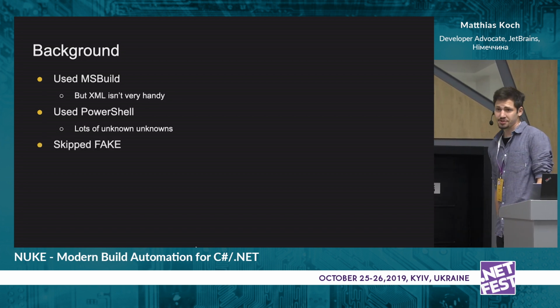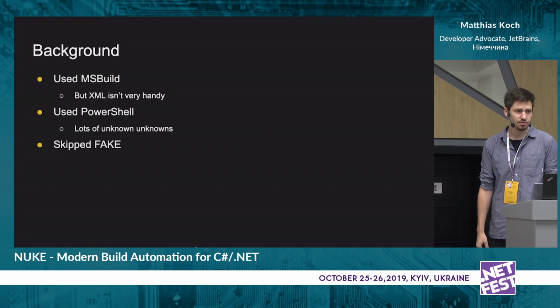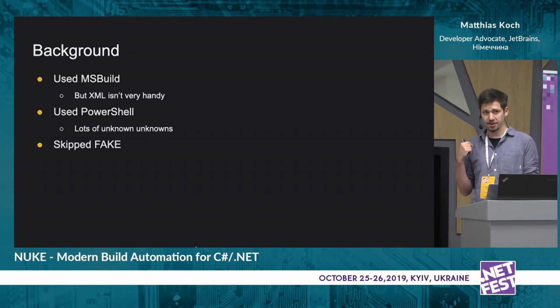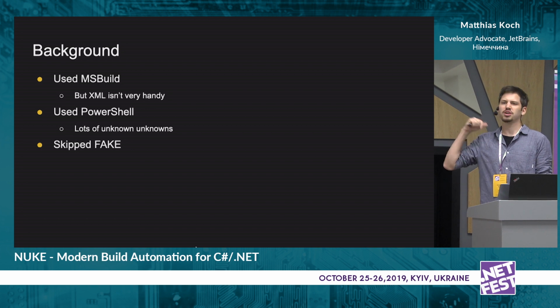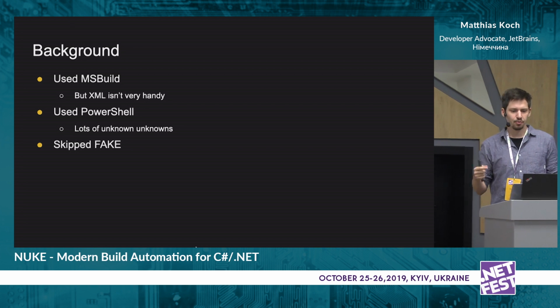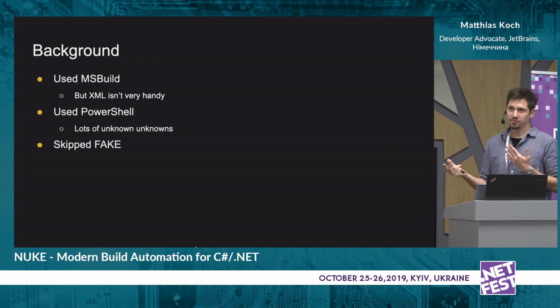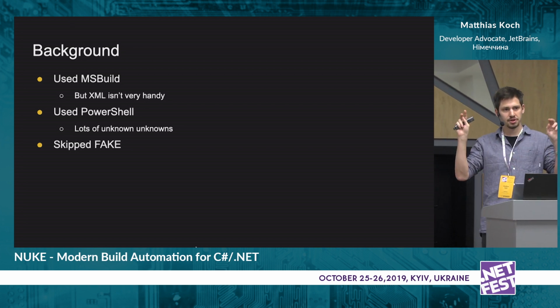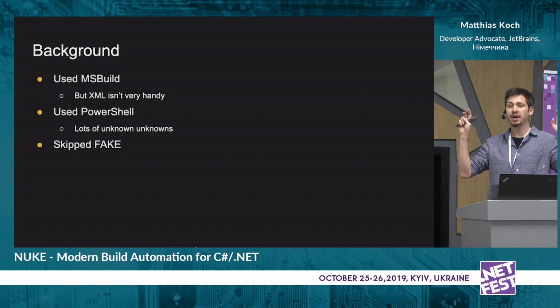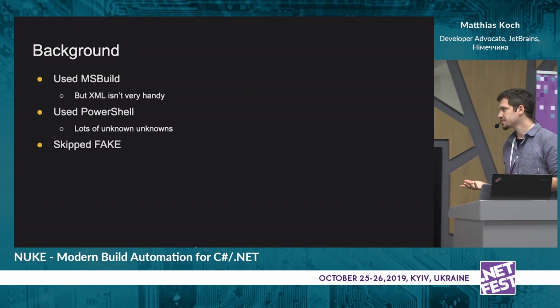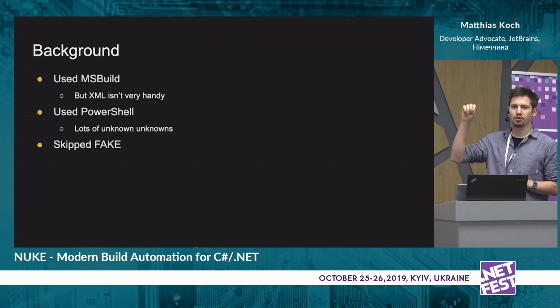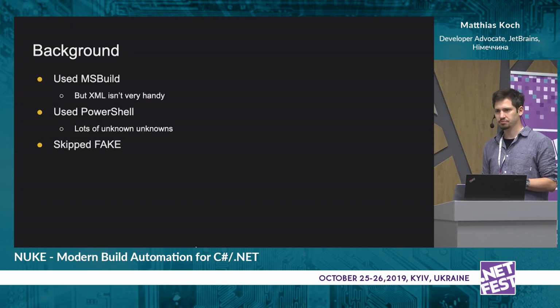I skipped Fake. Many of you have probably also heard about Fake. Who has used Fake? Maybe raise your hands. No one? Who doesn't know what Fake is? Okay, Fake, the name originates from the commonly known makefiles from the C++ world, and Fake is more or less synonym for make in F#, right?